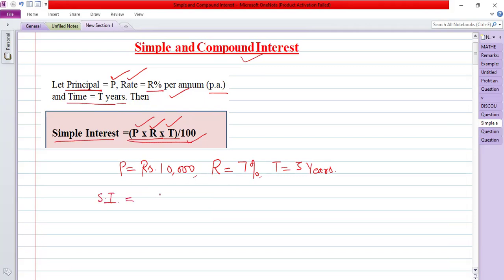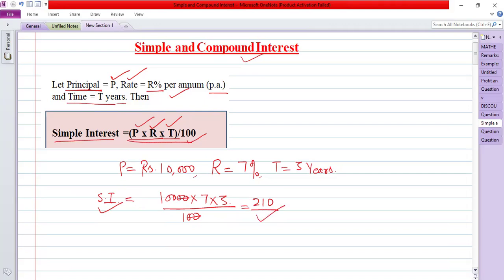Then it will be the principal amount 10,000 into the rate, and into 3, and divide by 100. So this will cancel out, and it will be 210 rupees. So this will be the simple interest.